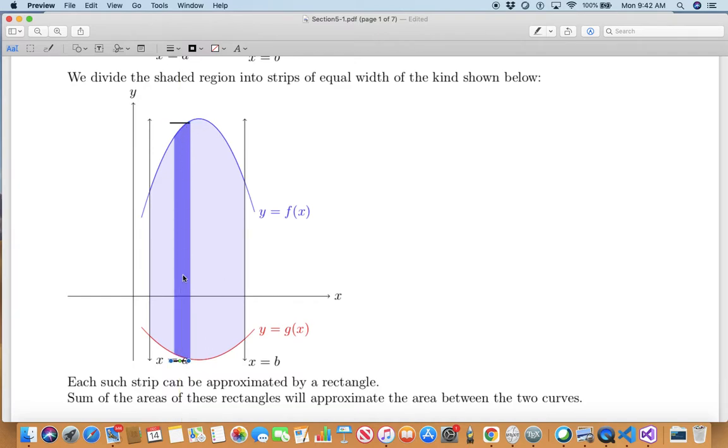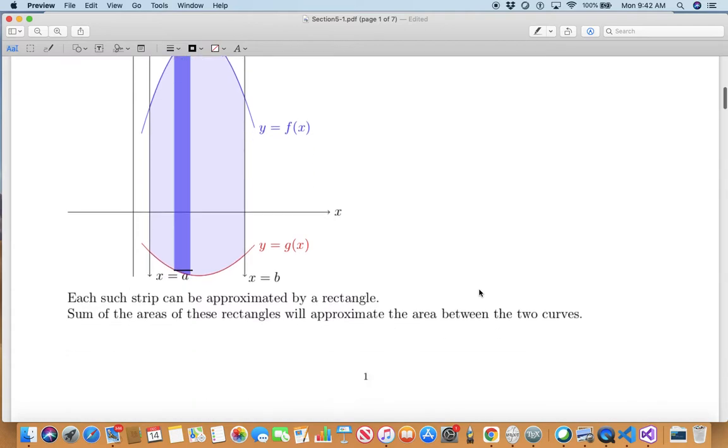Okay, and you get a rectangle. Either way, depending on the choice of your element in your subinterval, you can attach a height to the rectangle, and that height is the length. So width times this entire height.